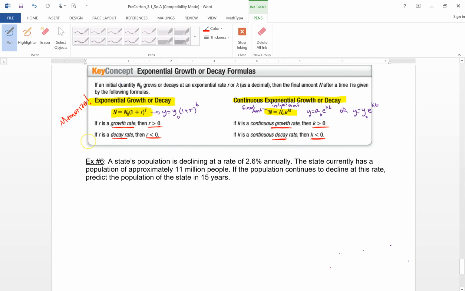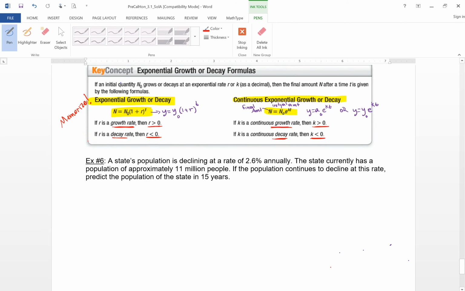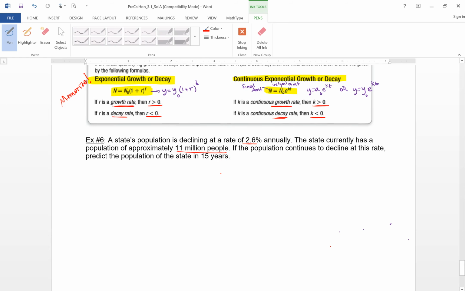A state's population is declining at a rate of 2.6% annually. So here we have a rate, and it's declining. The state currently has a population of approximately 11 million people. If the population continues to decline at this rate, predict the population in the state in 15 years. So what do we have here?